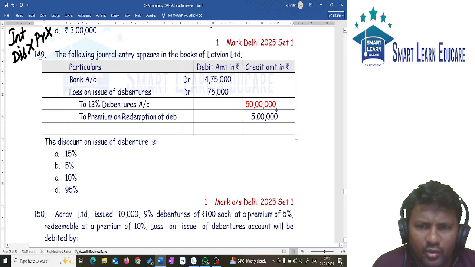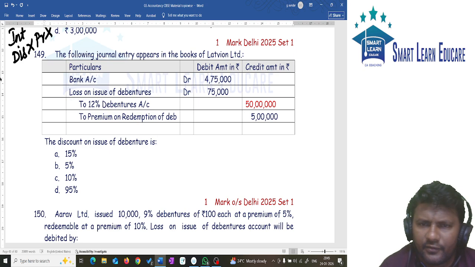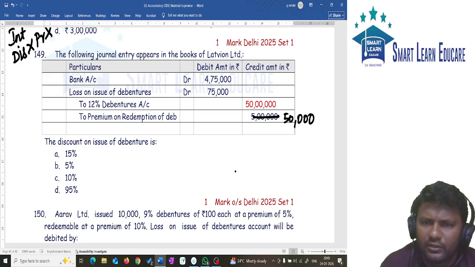It has not tallied. 4,75,000 plus 75,000 will give you 5,50,000. So this is 50,000, I think, this is the 5 lakh information.